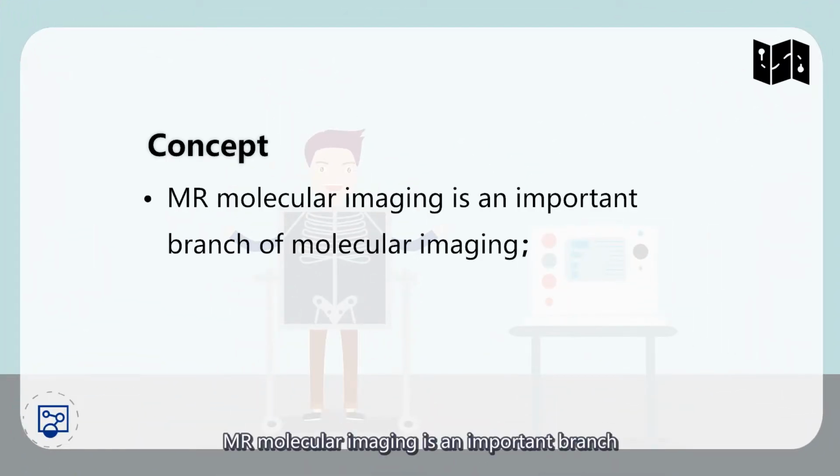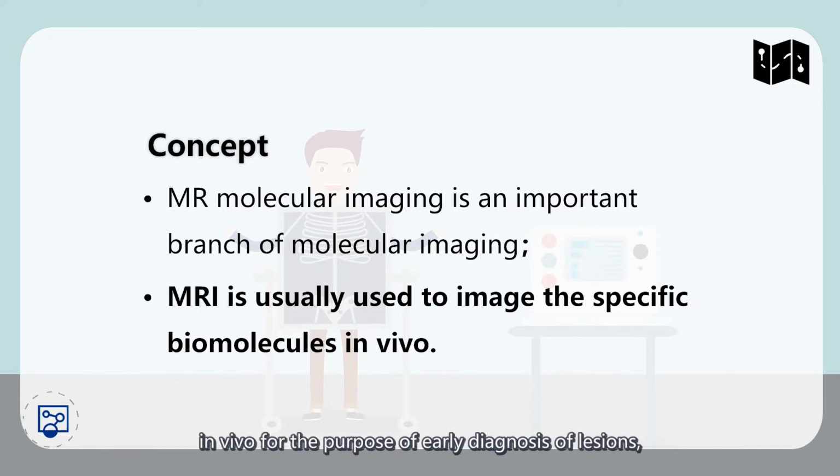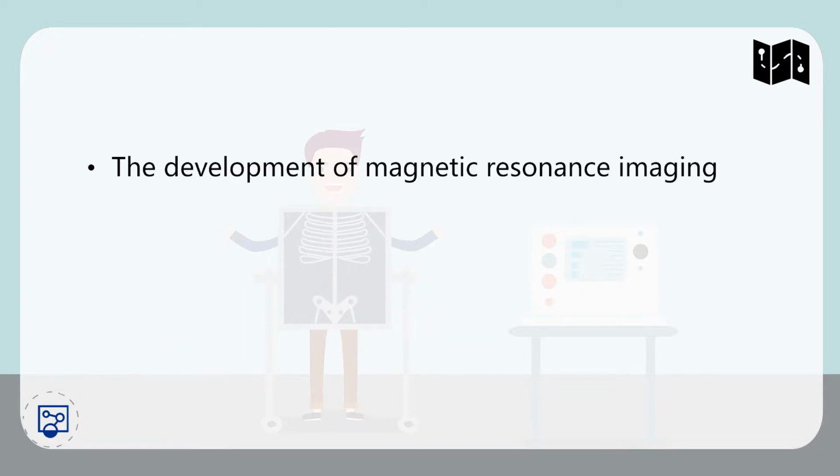MRI molecular imaging is an important branch and component of molecular imaging. MRI is used to image specific biomolecules for the purpose of early diagnosis of the lesion, specific diagnosis, and effective monitoring. Let's talk about it in the following parts.